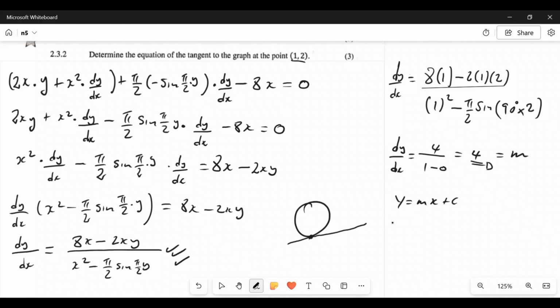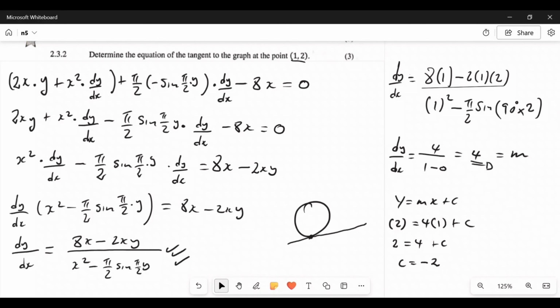So y, based on our point, is going to be 2, equal to 4, which is our gradient, multiplied by 1, which is the coordinate of that point, plus c. If we continue, we have 2 equals 4 plus c. So c is equal to negative 2.